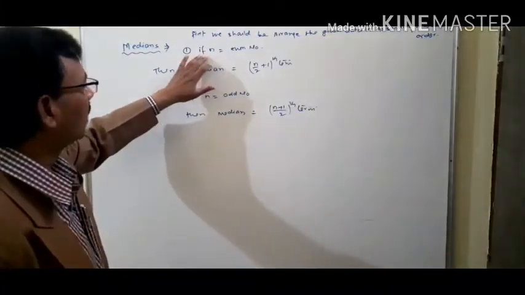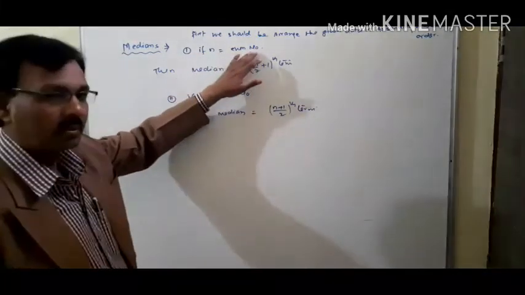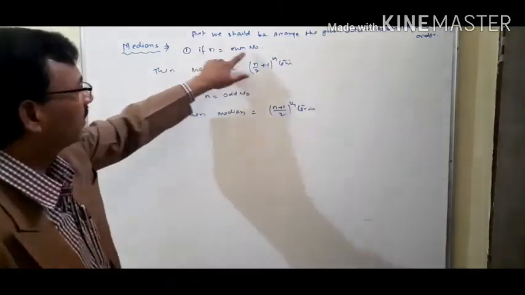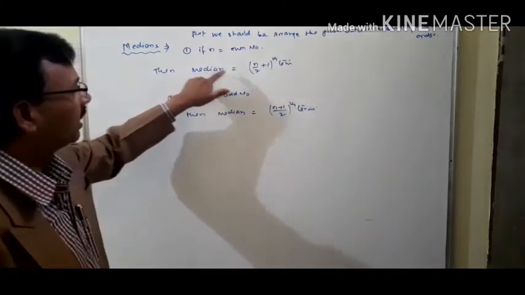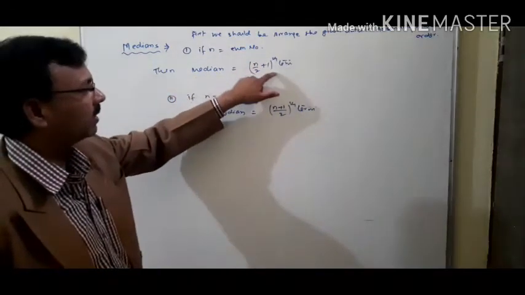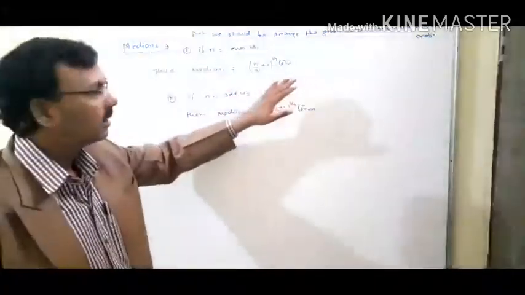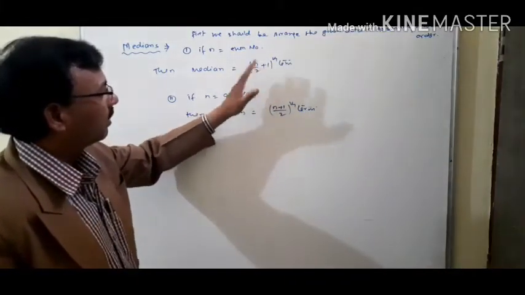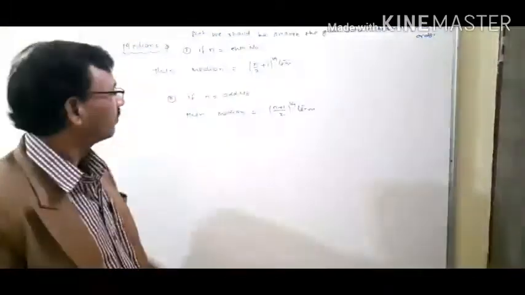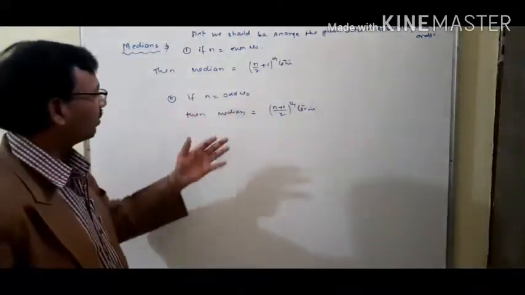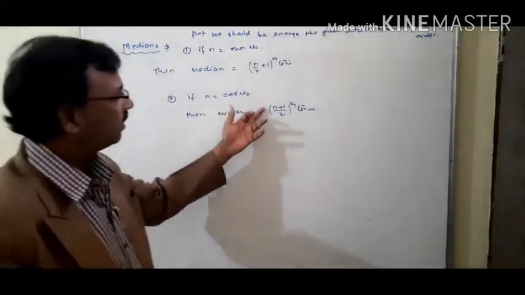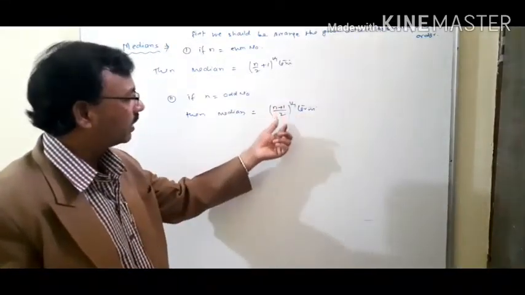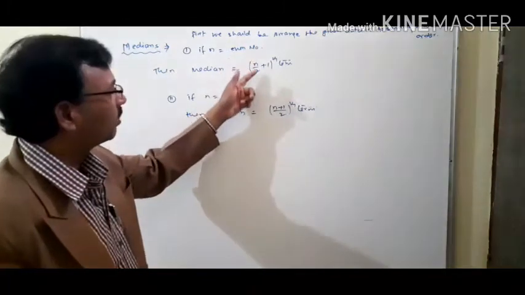Then count how many observations are given. If the number of observations is even, then the median of that data will be the n by 2 plus 1th term. This is not the answer, this tells which term will be the median. And if n is odd, then median equals the n plus 1 upon 2th term. This is the n plus 1 whole upon 2, and this is the n by 2 plus 1 term.